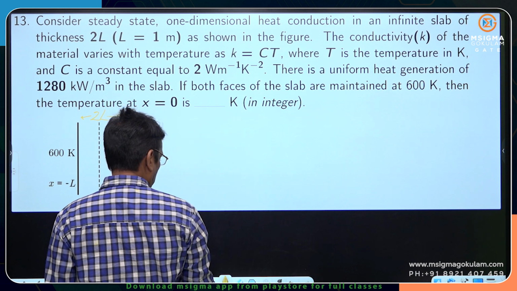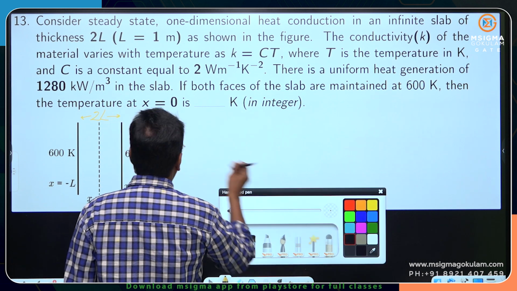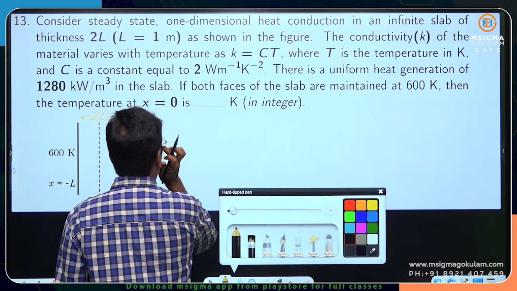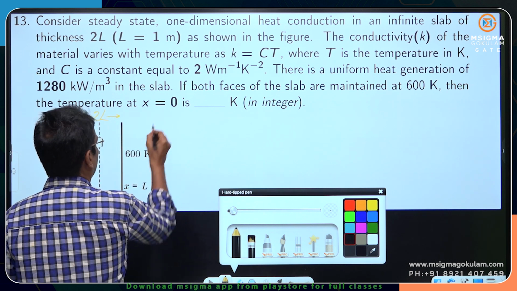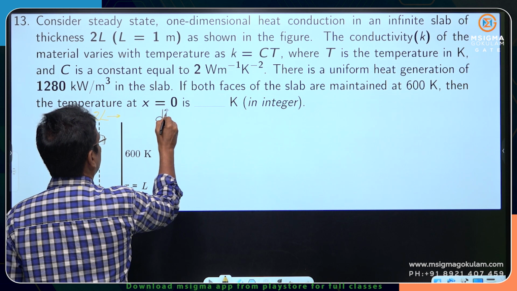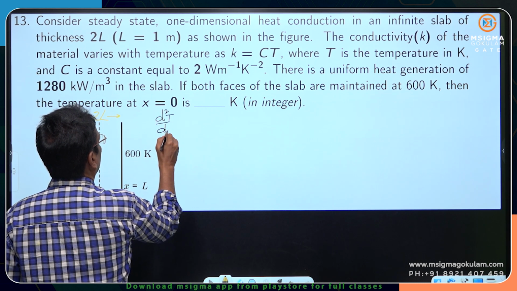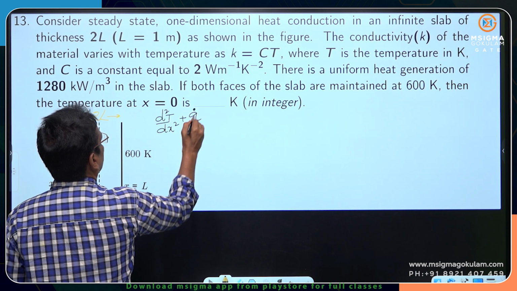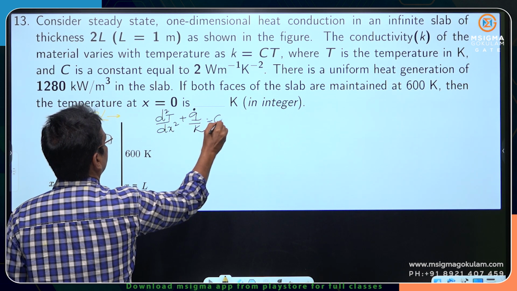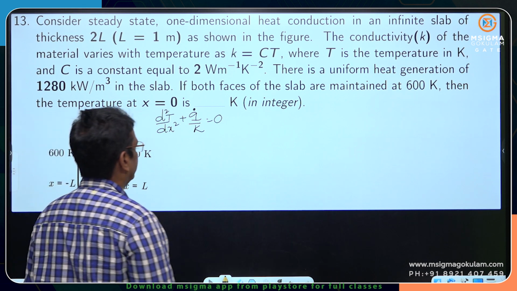I will begin with the generalized one-dimensional conduction equation, obtained from the generalized conduction equation with uniform heat generation, for steady state conduction, one-dimensional, with uniform heat generation. So this is the equation.